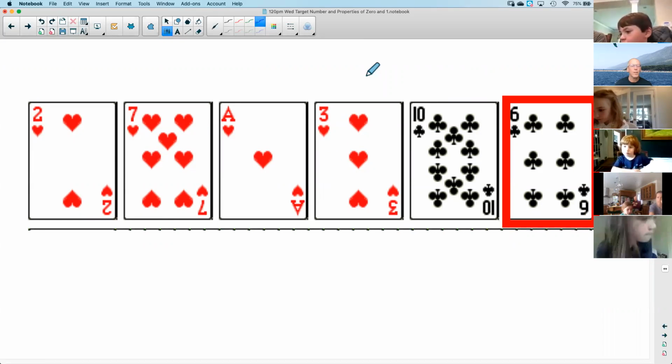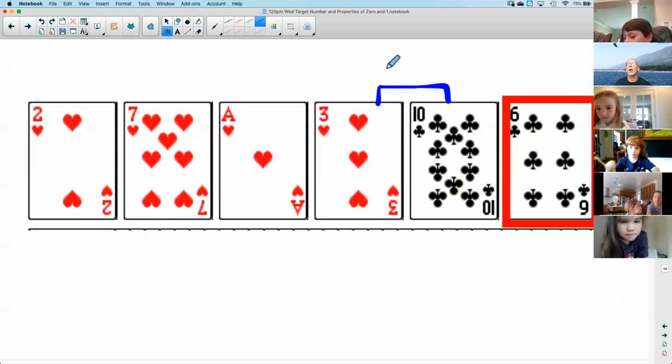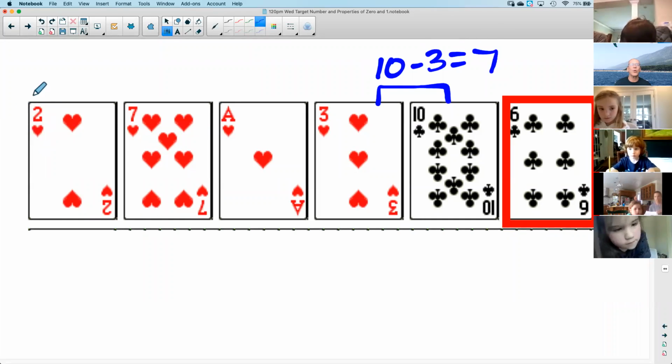Okay. 10 minus 3 is 7. Then put up 2. You want me to take 2? And then minus 1. So you want me to do 2 minus 1?